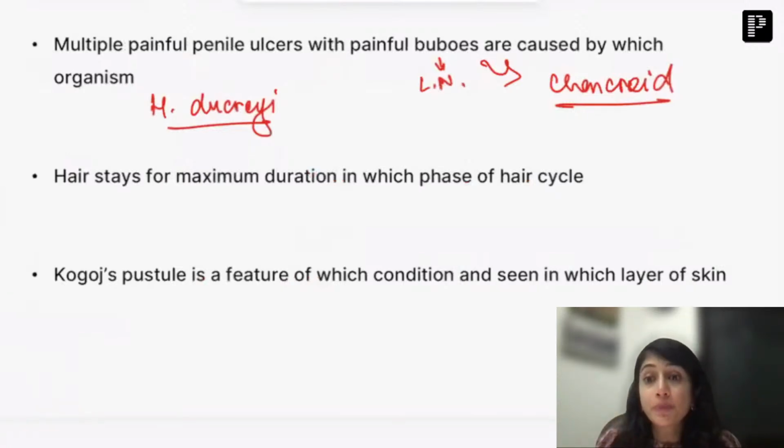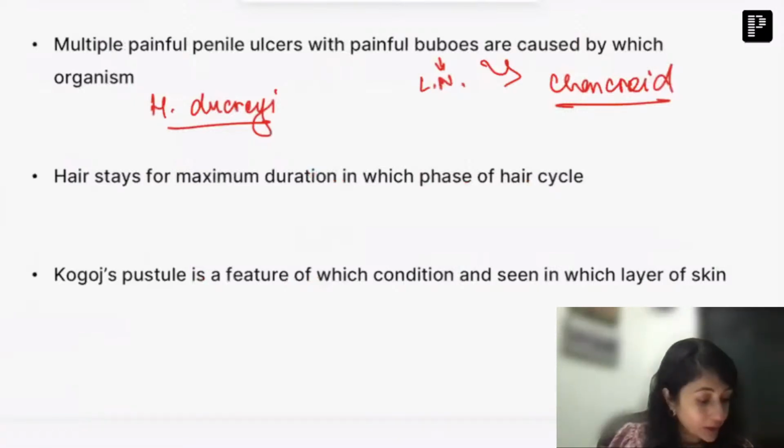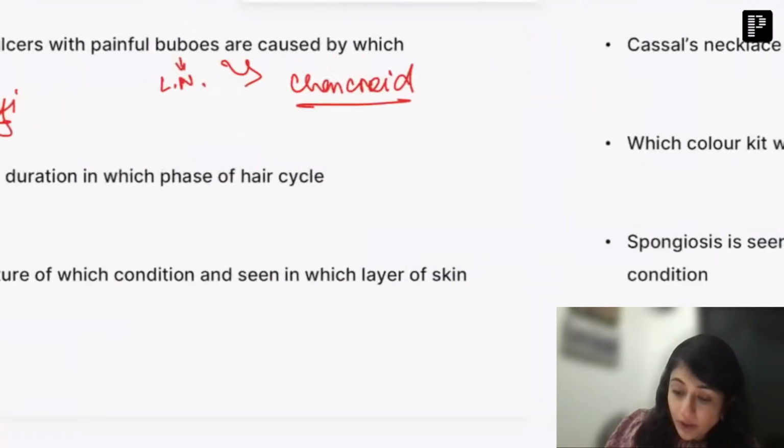Chancroid, multiple painful penile ulcers with buboes. Herpes also presents with multiple painful lesions, but they are mostly vesicles and erosions. They are not ulcers. Syphilis, painless, single, indurated ulcer with lymph nodes which are not painful but shotty. Clear? Hard chancre is syphilis. This is soft chancre, chancroid. Okay?